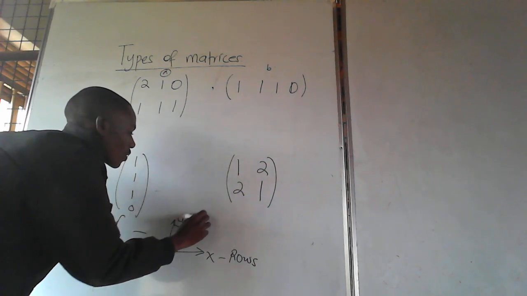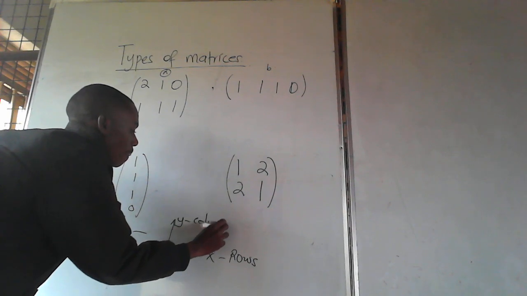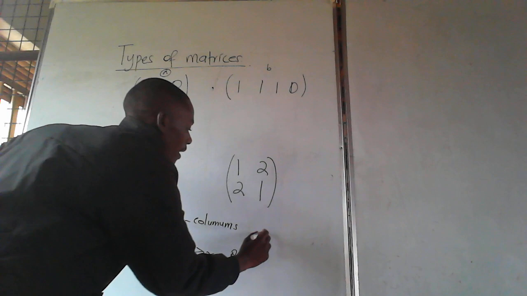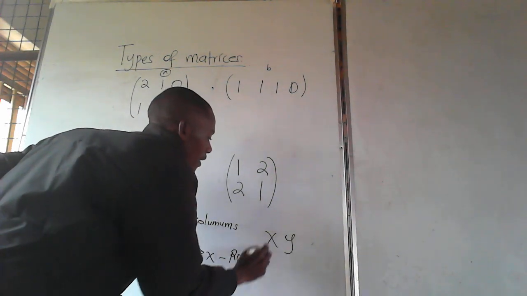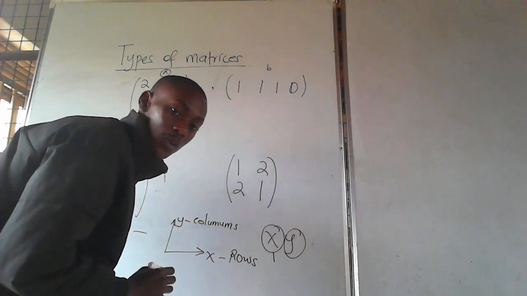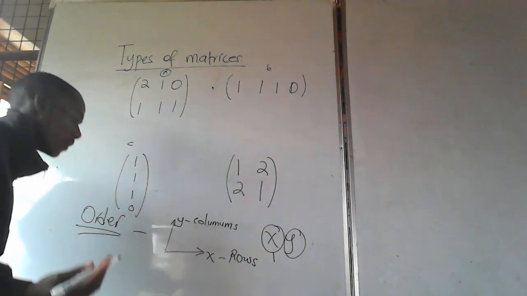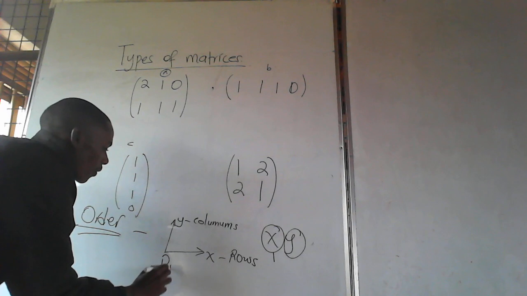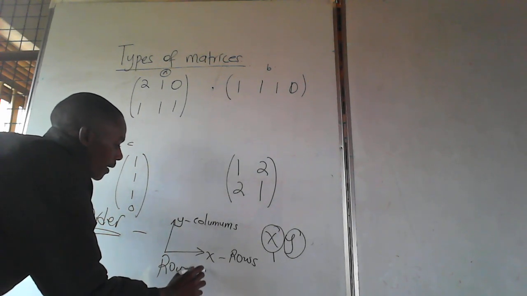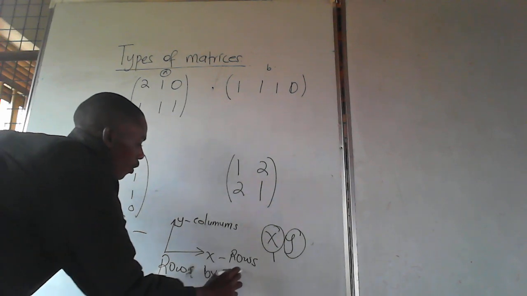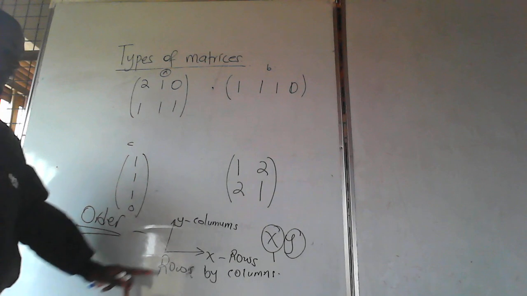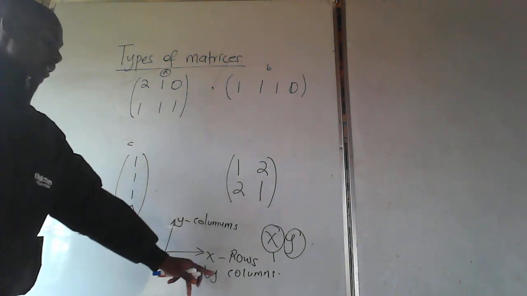We call this columns. So the same way you say this is an XY plane, meaning you start with horizontal, then you write vertical, the same thing we do for matrices. We say rows by columns. So you first count how many rows we are having, then how many columns.